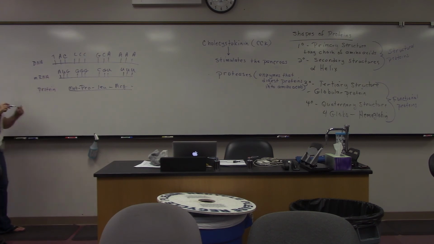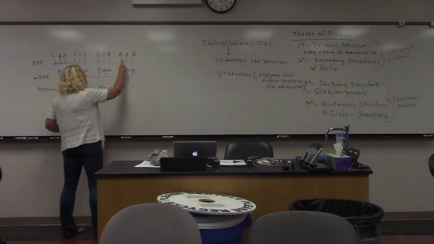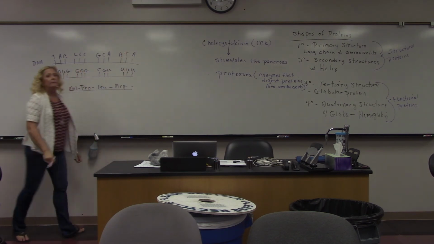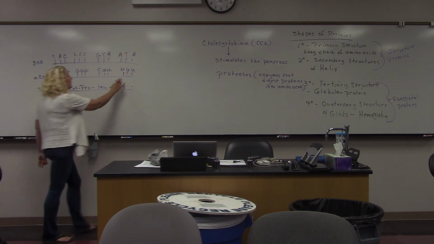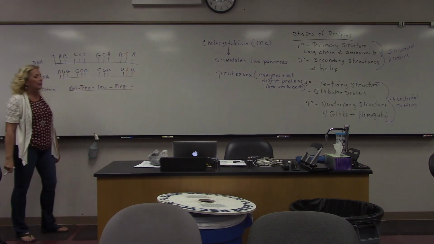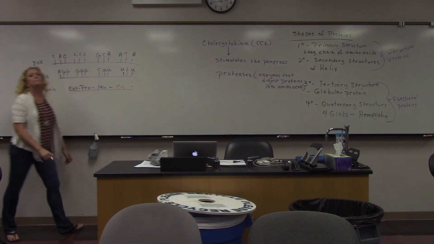Okay, now watch. What if I did this? What does that do to my protein? Totally. So instead, this is going to be an A. And let's say instead of arginine, this is now isoleucine.